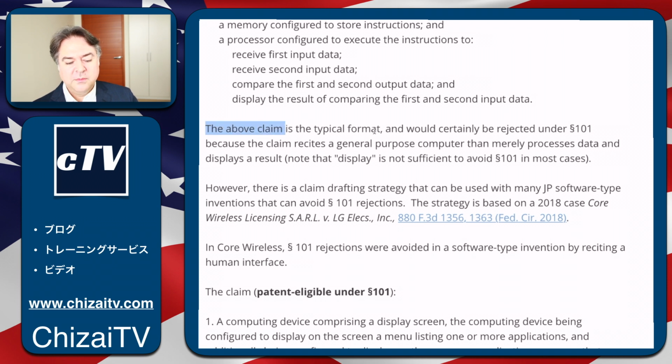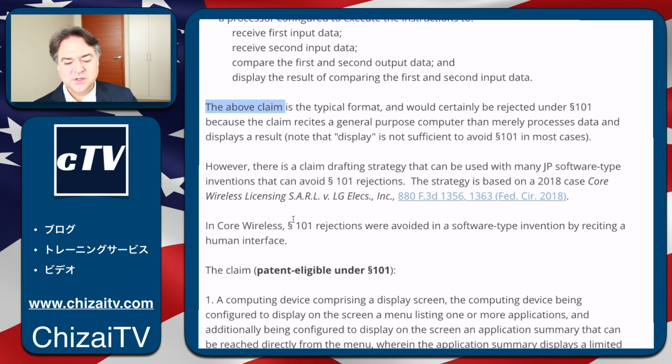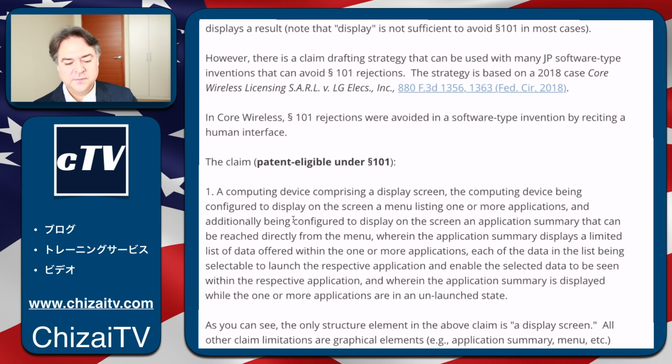So, the above claim is the typical format and would certainly be rejected under 101 because the claim recites a general purpose computer that merely processes data and displays a result. Like I said before, note that display is not sufficient to avoid 101 in most of these cases.